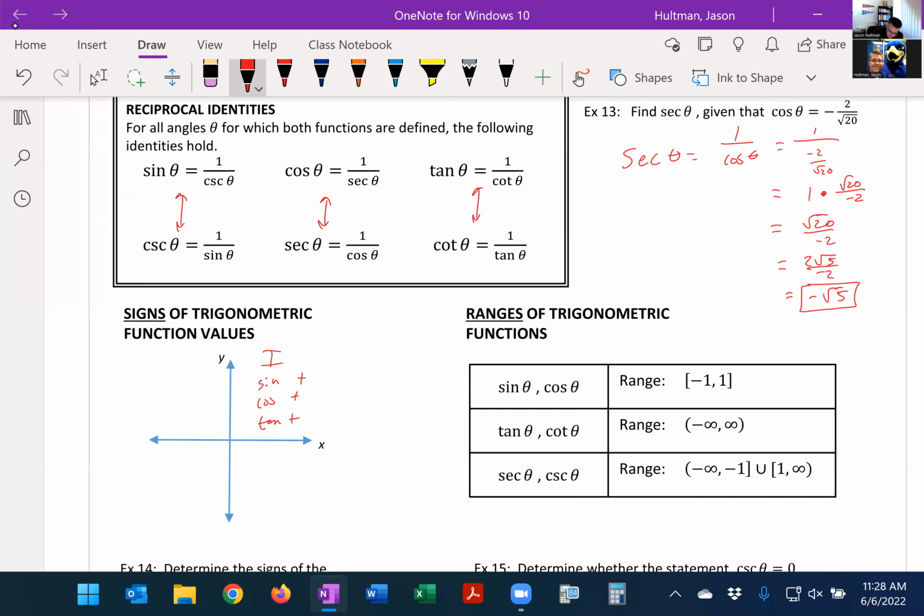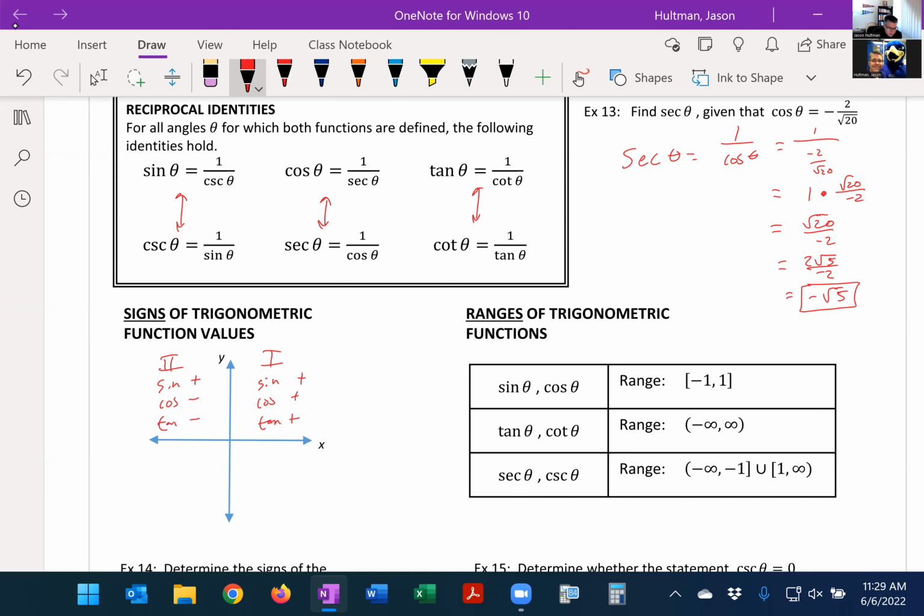Okay, in quadrant 2, the sine value, which is the y value, is still positive. But the cosine is now negative. And since tangent is y over x, or sine over cosine, we get one negative thrown in, and so the tangent ends up going negative.